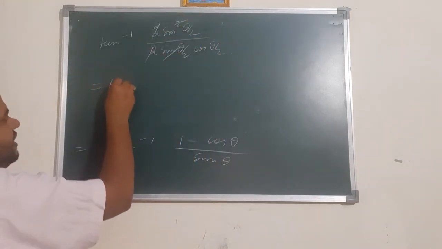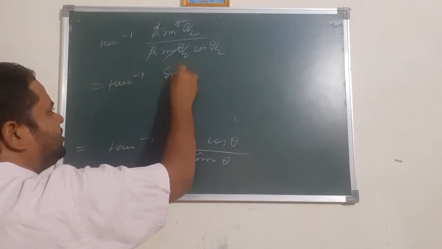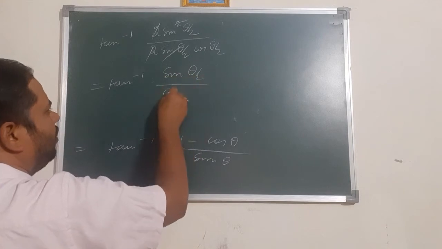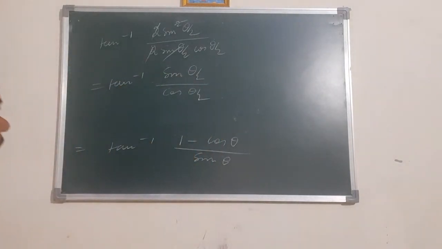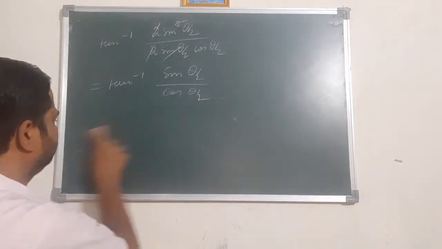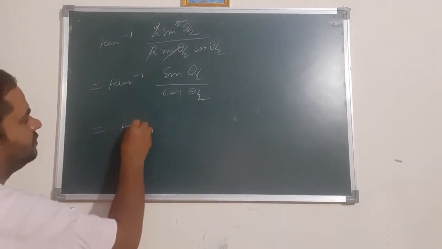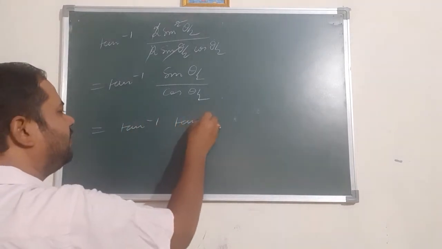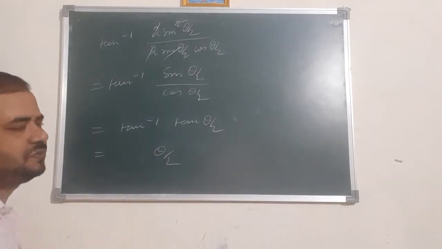So simply it is tan inverse of sin theta by 2 upon cos theta by 2. Okay? And this is nothing but tan inverse of tan theta by 2. So this is nothing but theta by 2.